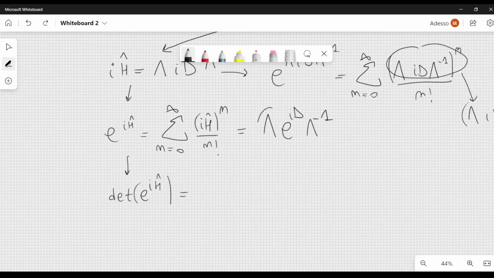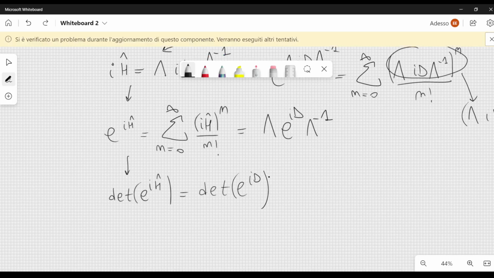But the determinant of lambda is equal to the inverse of the determinant of the inverse matrix, so the product of these two determinants gives you 1. You will be left with the determinant of e to the iD. But now this is a diagonal matrix, so it's quite easy to compute the determinant, and you will get e to the i times the trace of D.